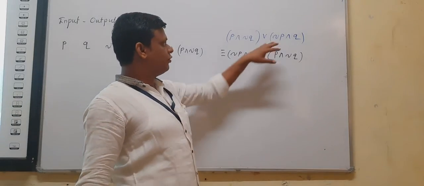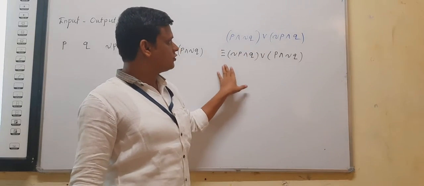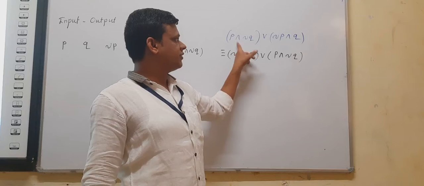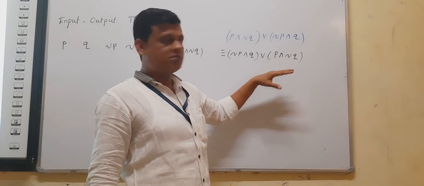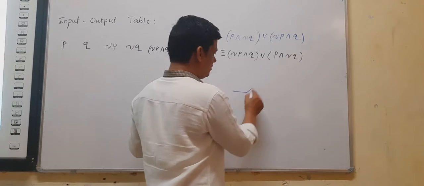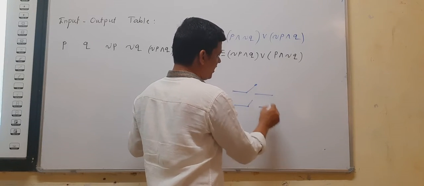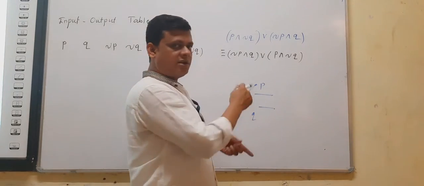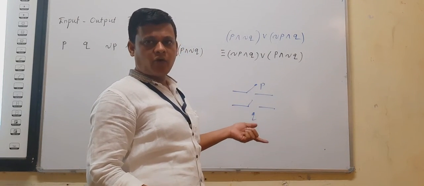Now this symbolic form can also be written in this form: second bracket in first position, first bracket in second position, because in switching circuits in parallel combination, see the diagram, P and Q, we can interchange their positions and we get the same output.